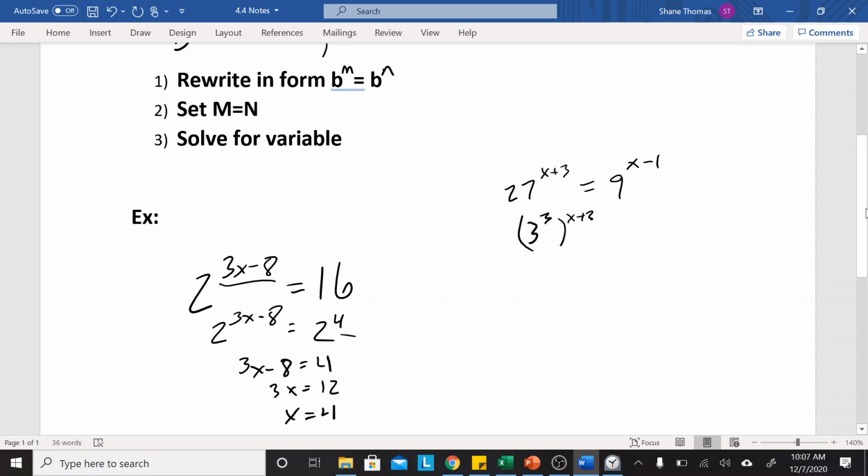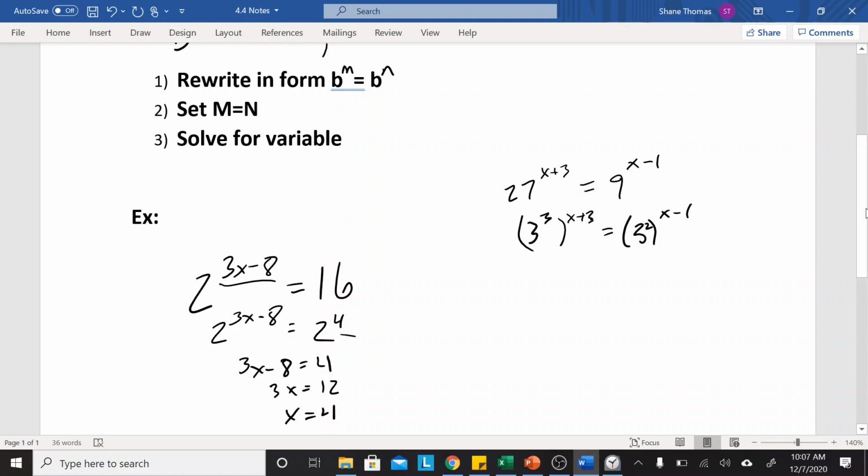Okay. So let's rewrite the other side. 9 would be 3 to the what power? It's a second. So that's 3 squared to the x minus 1 power. Okay. So now we're very, very close.